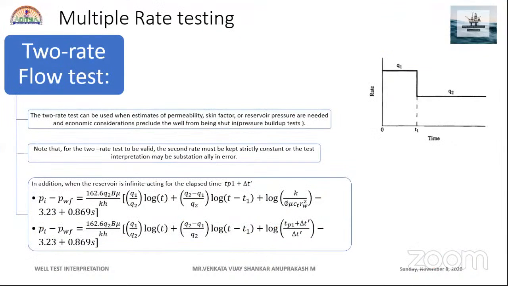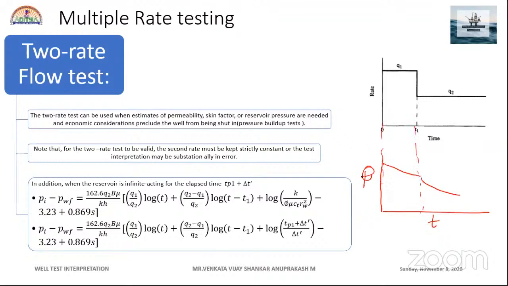So what is the two rate flow test? Up to this time, it will be declining in a certain order. After that, it may change the path. The deviation will be slightly changed.